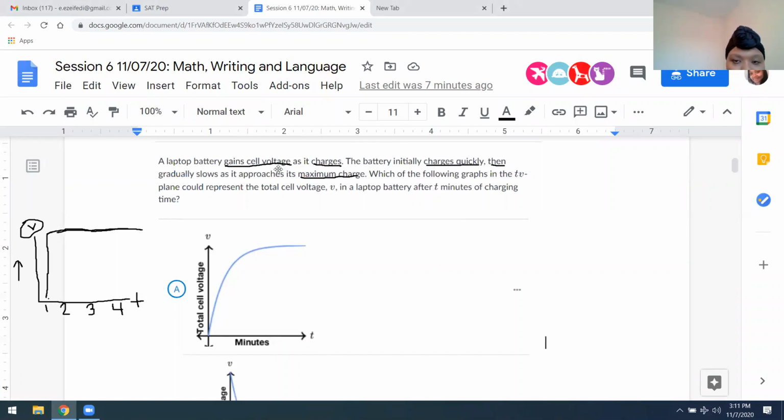So before we even look at the answer choices, I know you see answer choice A because it's right there, but before we look at it, we have an idea of what the graph will look like just based on what we determined from reading what is happening. So based on that, what do you guys think the answer is?